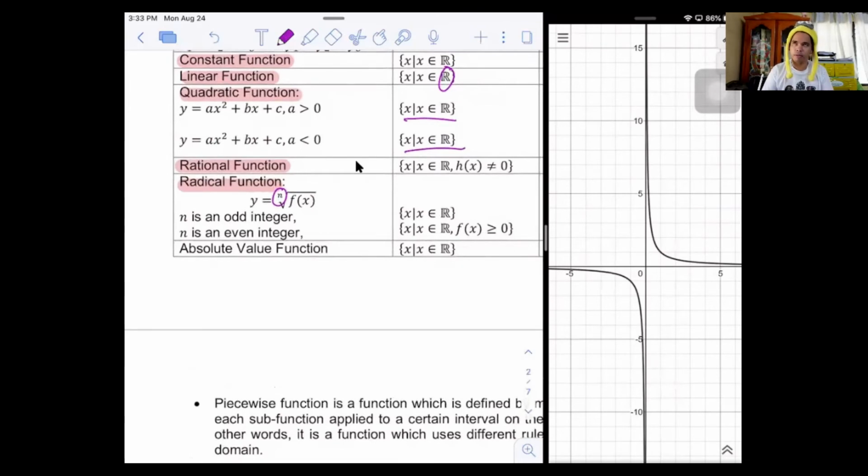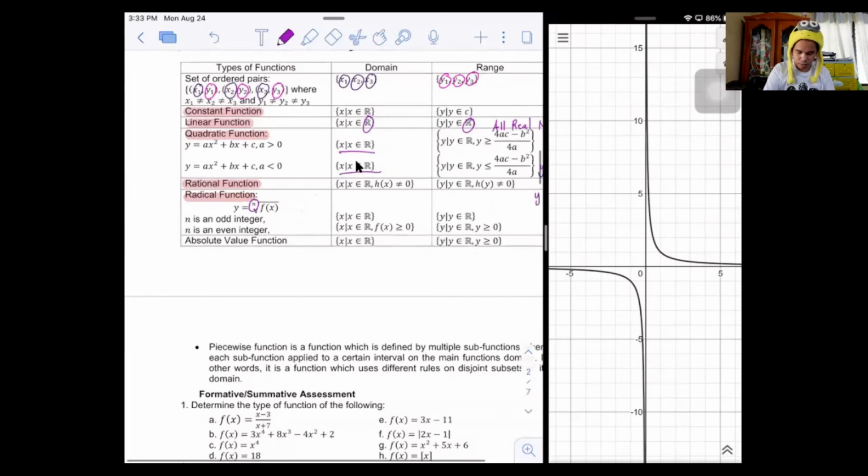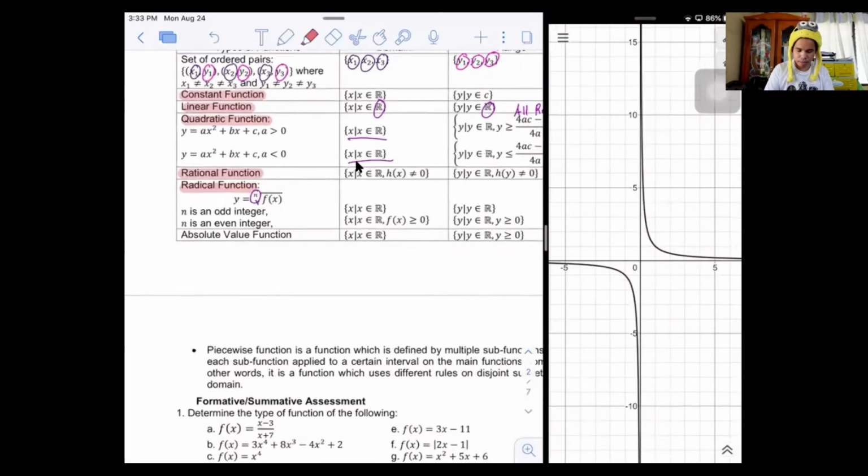Example, f of x equals cube root of x, fifth root of x, seventh root, kay pwede nga ang sulod niya, the radicand, pwede siya nga negative. But if even integer siya, dili pwede. Okay. So, I will explain that later sa mga examples.